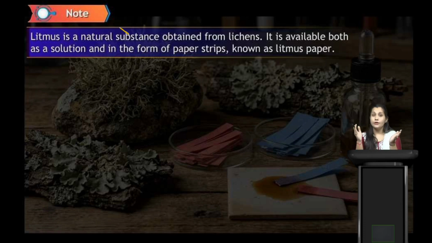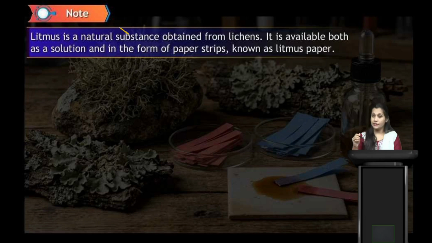Lichen is formed by the combination of two living organisms, one is algae and the other one is fungus. Litmus is available both in the form of solution and also in the form of paper strips. Okay.